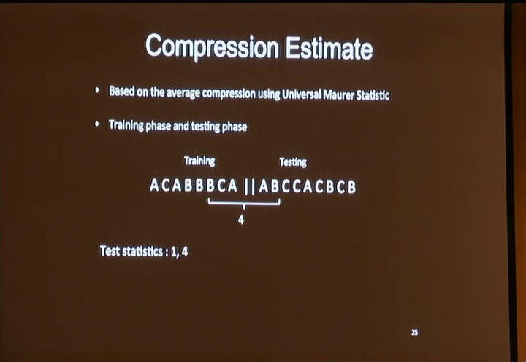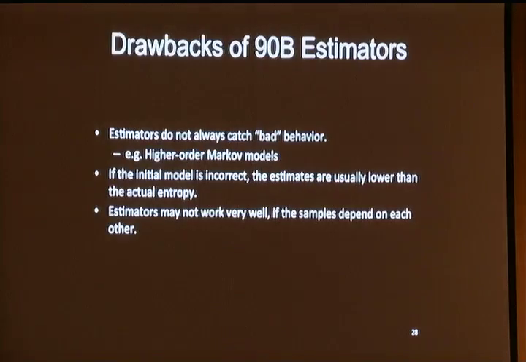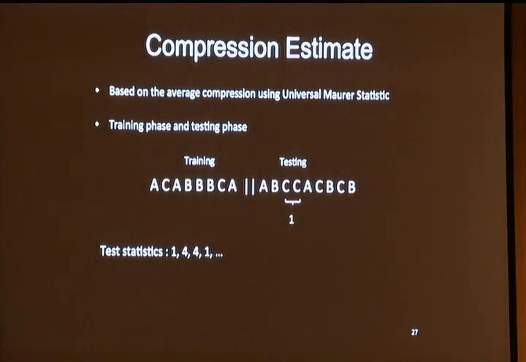Now our second test statistic is 4. And going on like this, C appears again 4 samples before. Okay, so that's how we calculate the test statistics, and then we take the average and try to fit it to a near uniform distribution.